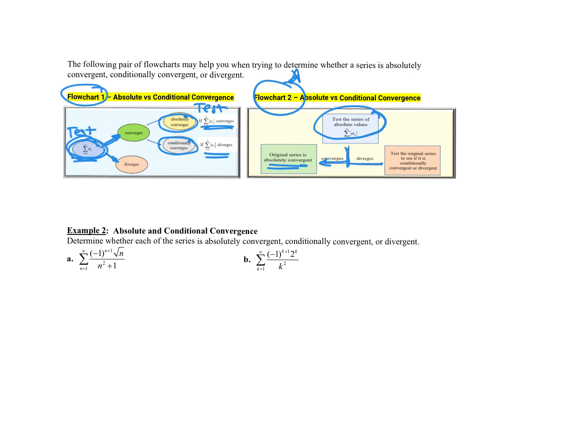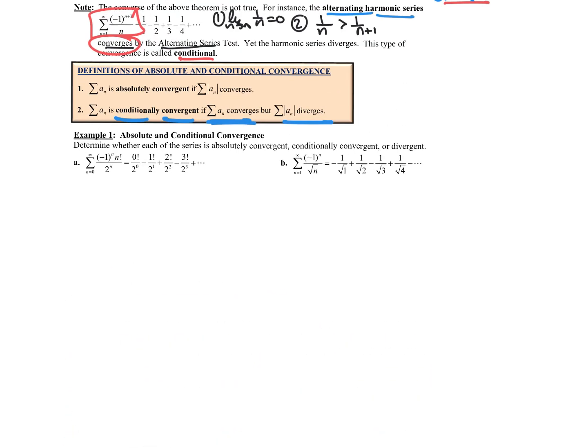And then if you get diverges, then you go and you test the original series to see if it is convergent or divergent. And then if they're divergent, then we just diverge. And if it converges, we're conditionally convergent. So you can follow either one, but I will primarily follow flowchart 2. So let's go see an example of this now.